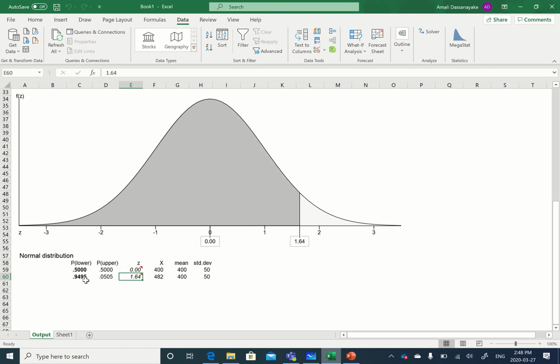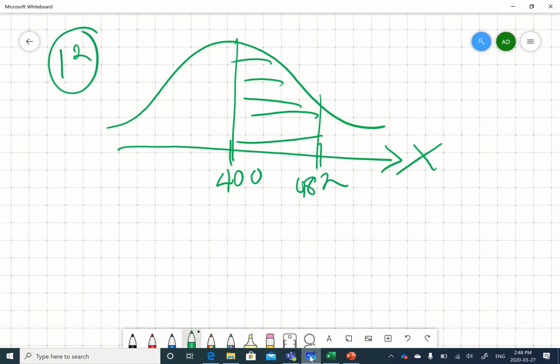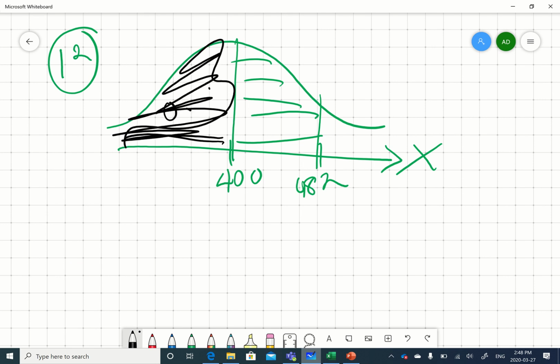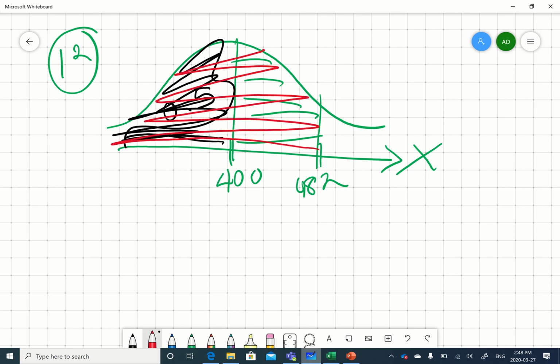Okay, so I'm going to get the two lower readings, 0.5 and 0.9495. The total area to the left of 400, the black area, is 0.5, and the red area is 0.9495.